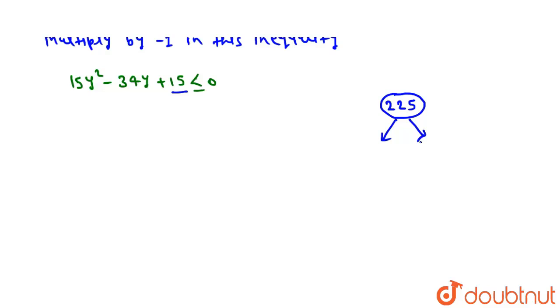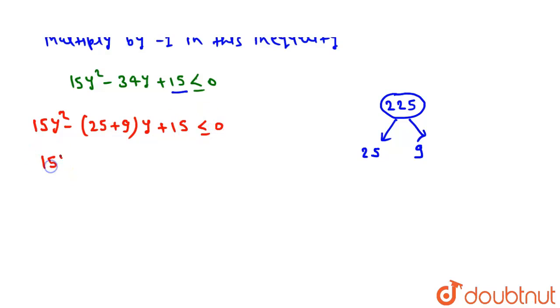So the factors are 25 and 9. Now in the next step we can write 15y square minus 34, and in place of 34 we write 25 plus 9, into y plus 15 less than or equal to 0.